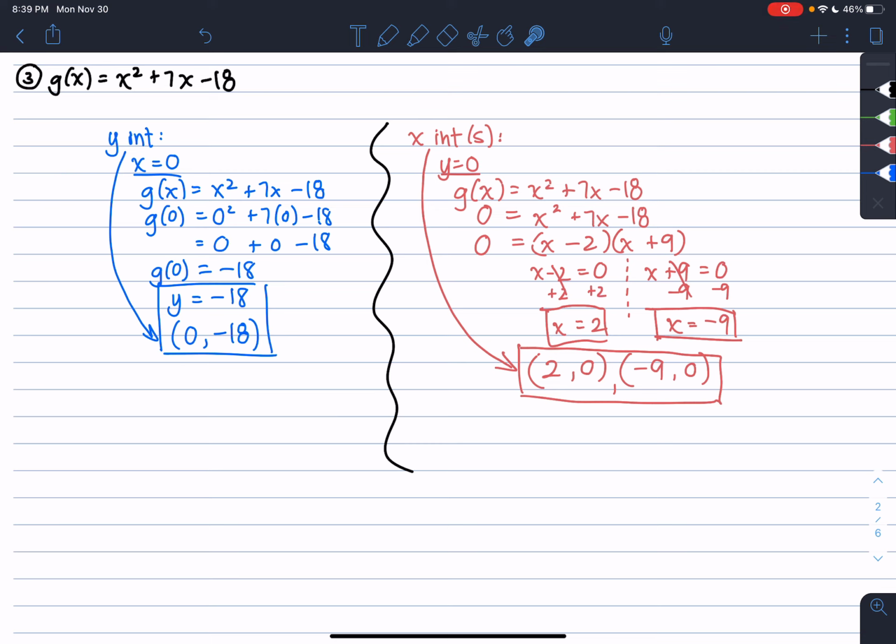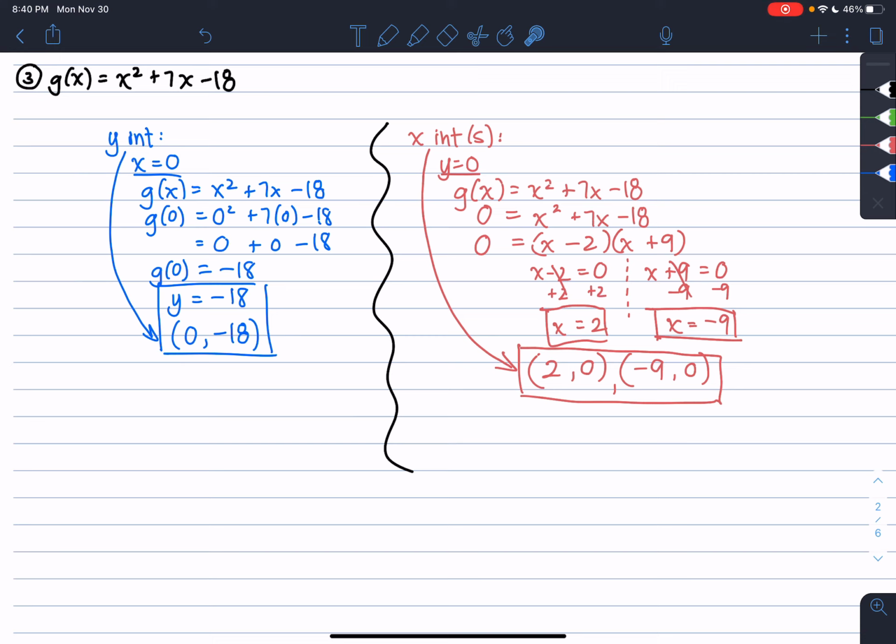For our y-intercept, we know our x will be 0, and we know our y will equal -18, so that gives us the coordinate of the y-intercept. For our x-intercepts, we want to be careful because we know the y is 0, but then the x values are what we obtain. So that's how it will be expressed for our coordinate points.